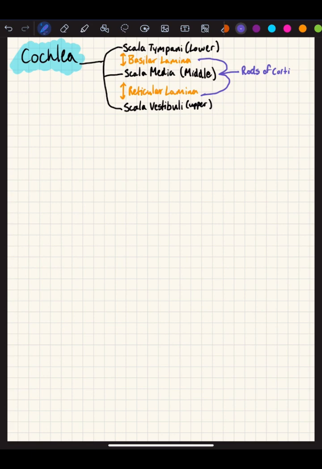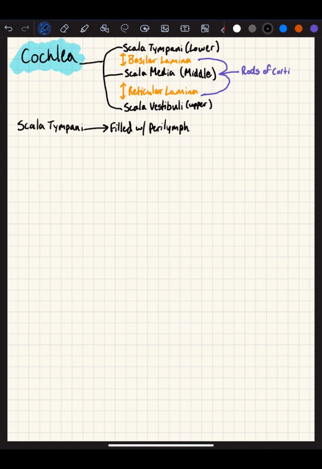Now, the cochlea, with its layers, we're going to go into the layers in depth a little bit. The scala, let's bring that a bit down. The scala tympani, so this is filled with perilymph.